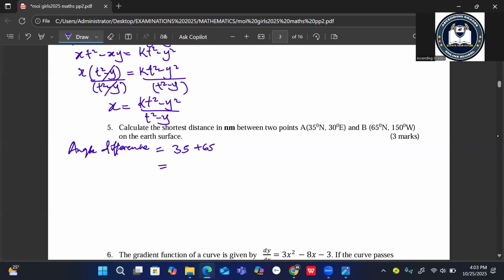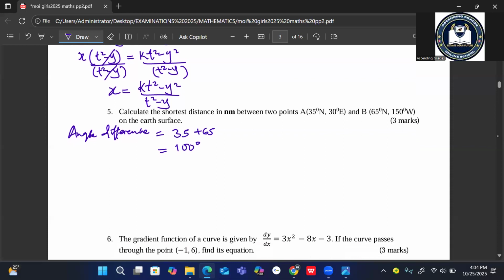So now we use the formula D equals 60 times theta. So the angle difference, when you add, you're going to get 100 degrees. That is the shortest distance between the 2 points.